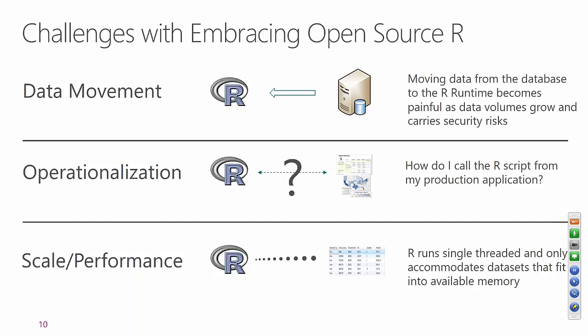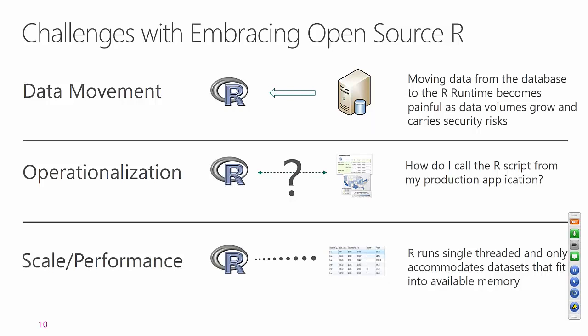A very common challenge is that you move your data from its data source, for example a database, to another machine where you're doing your computations. And moving data like this, especially when you have large volumes of data, is time-consuming. And it also carries security risks.